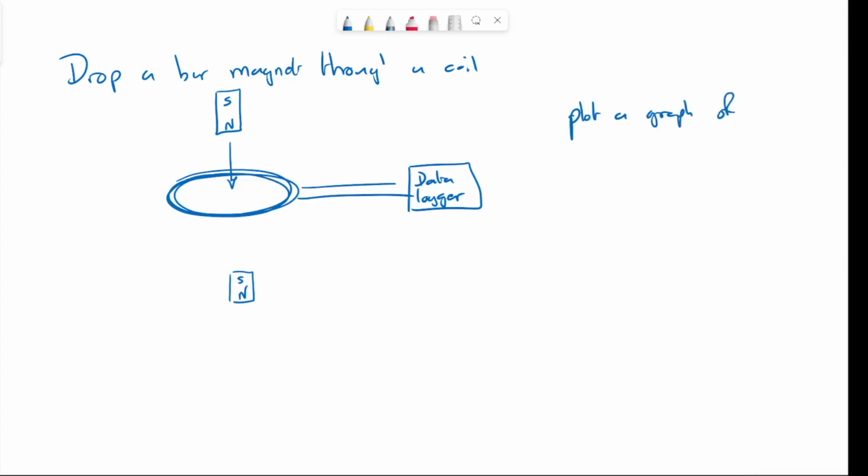of EMF versus time. EMF will be on the y-axis and time on the x-axis. Pause the video, give it some thought, and resume the video once you have plotted the graph.